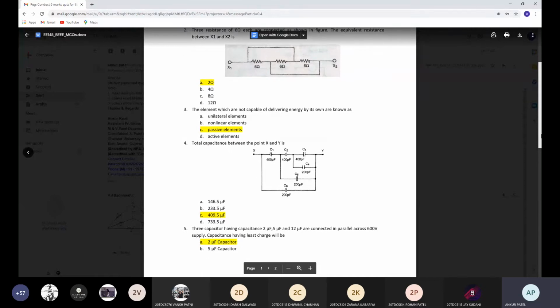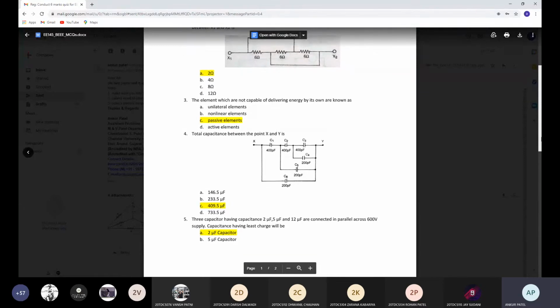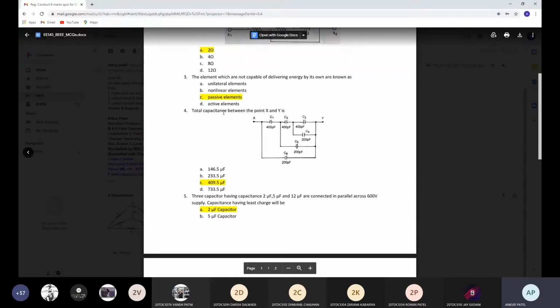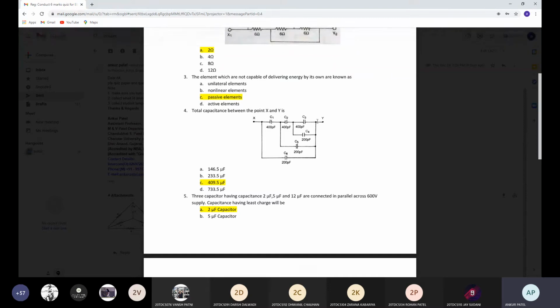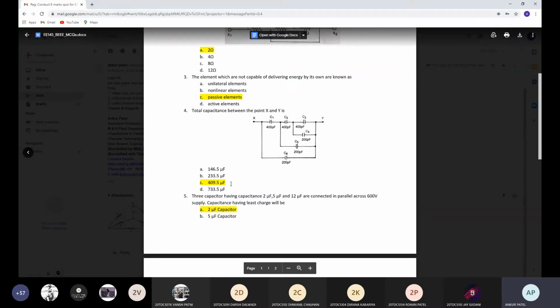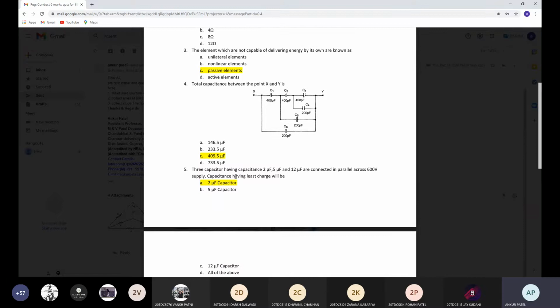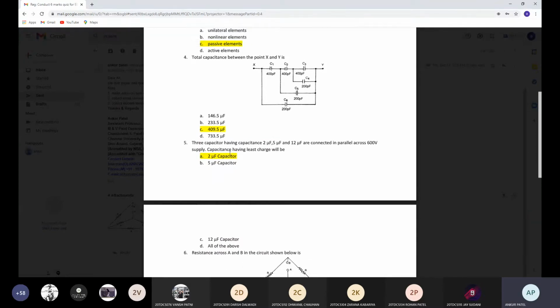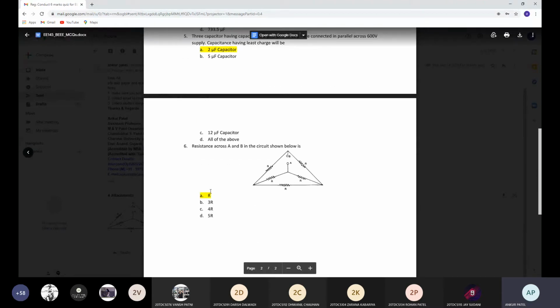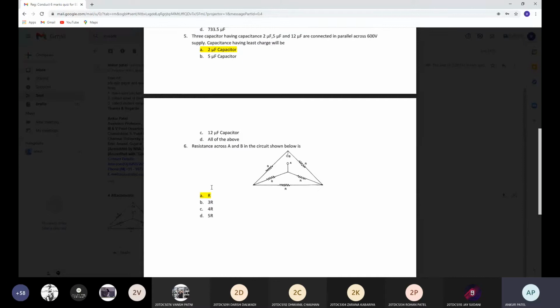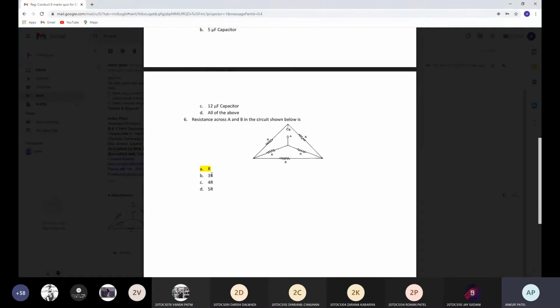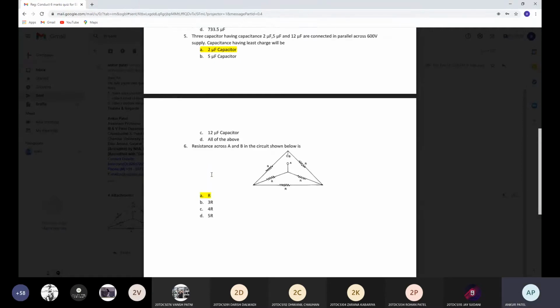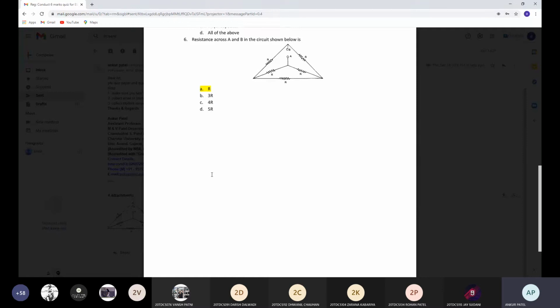Elements which are not capable of delivering energy are called passive elements. The total capacitance between points X and Y is 409.5 microfarad. For this fifth one, you will have a 2 microfarad capacitor as the answer, and for this you have R. So this is the correct answer.